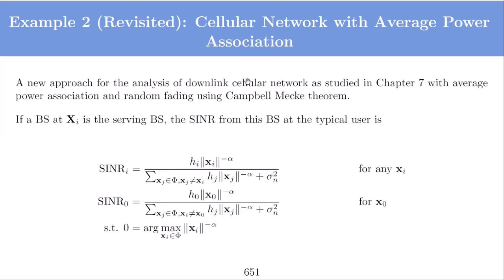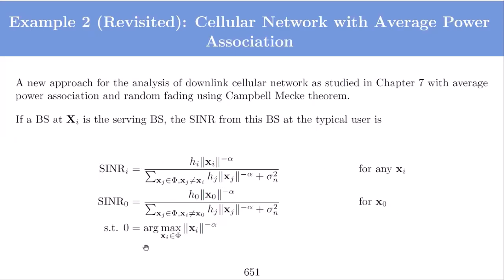So the new approach would be to first rewrite the coverage probability expression in terms of summations. If the base station at xi is the serving base station, the SNR from this base station at the typical user is given by this expression. Let's call it SNR i.